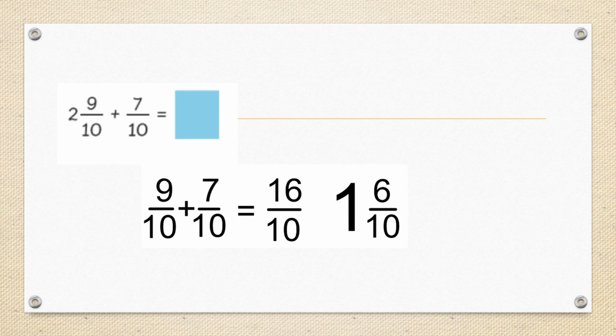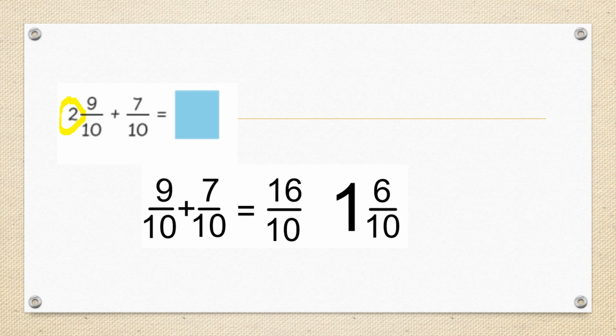You might come across questions like this, where we already have a whole number to start with. So this one is 2 and 9/10, add 7/10. What I would like you to do on these ones is ignore this number at the beginning. Then you can simply make this calculation. 9/10 add 7/10 equals 16/10.